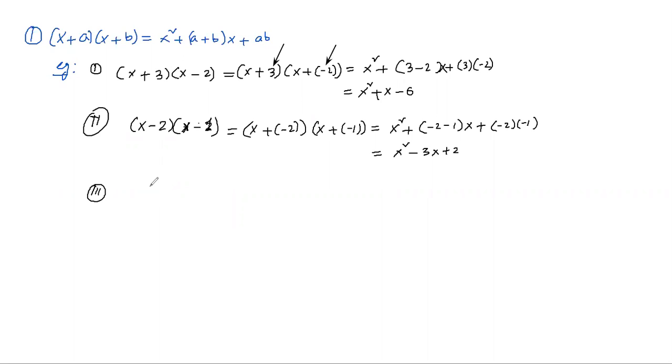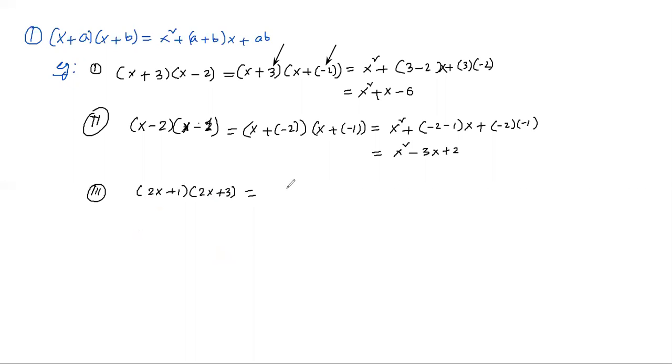Sometimes it may be like this also. You should be able to visualize this. Suppose twice x plus 1 into twice x plus 3. This time there is a small modification. In place of x, this quantity is twice x. So this time mentally you consider that as x and apply the result.